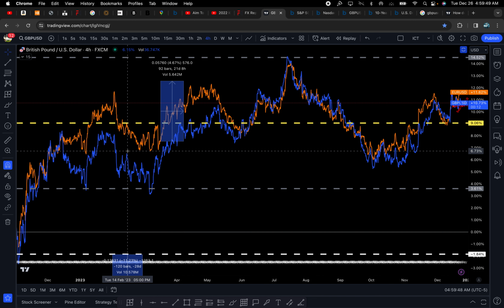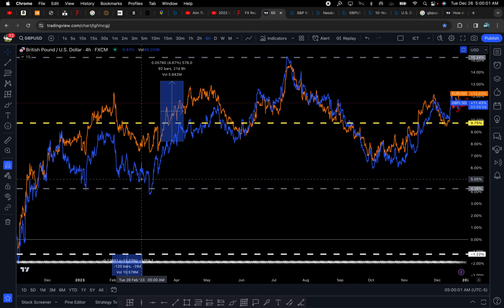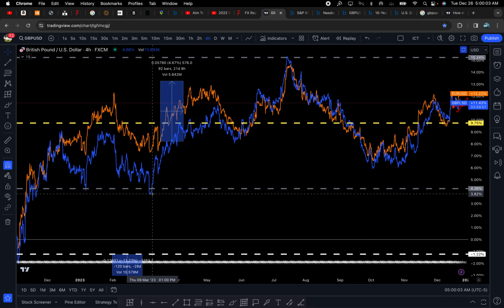But anyway, if you look after we kept failing to make a higher lower low, basically right here, we made a significant lower low. It came up, and that was a significant divergence that happened.